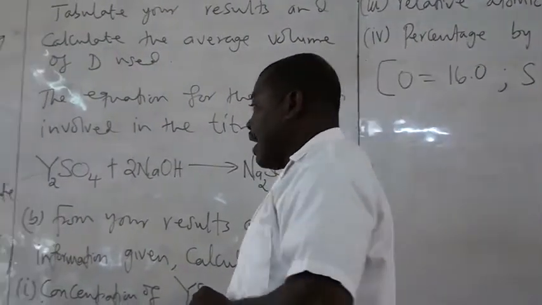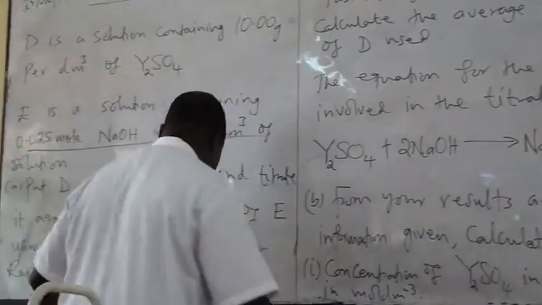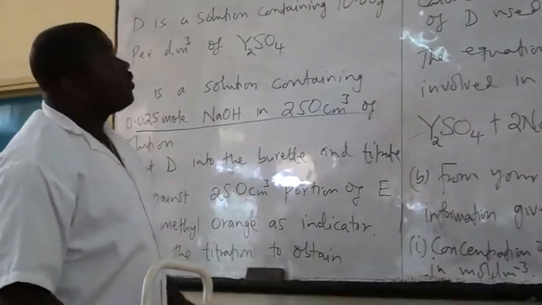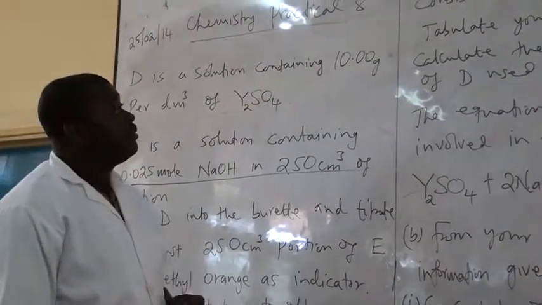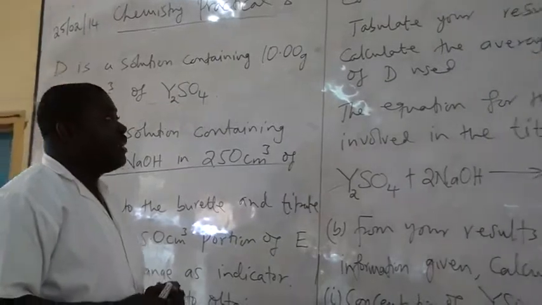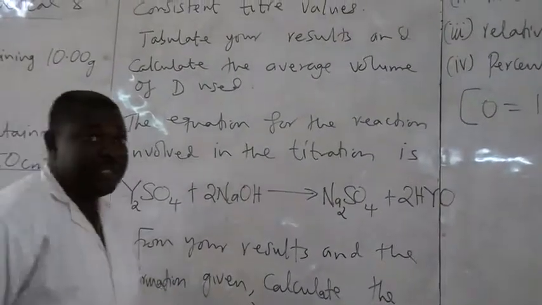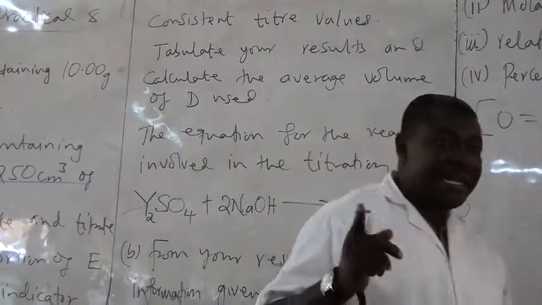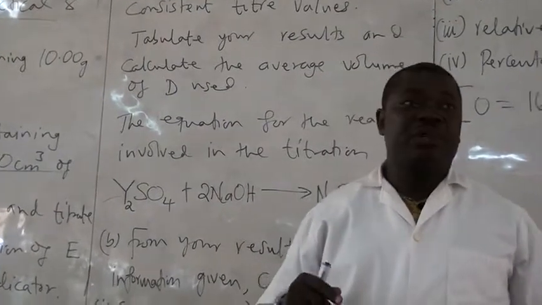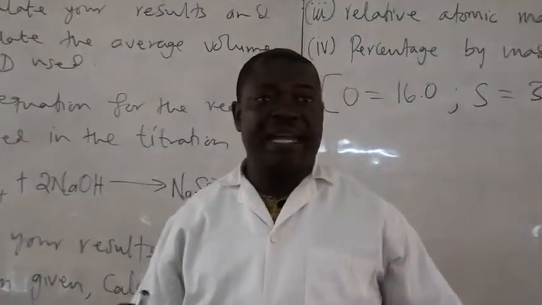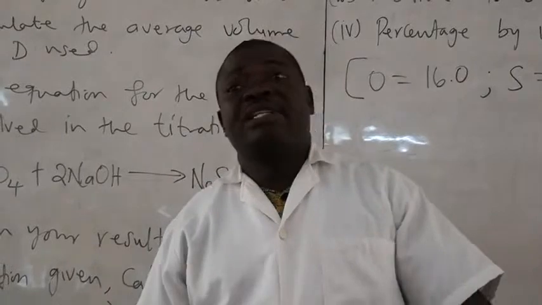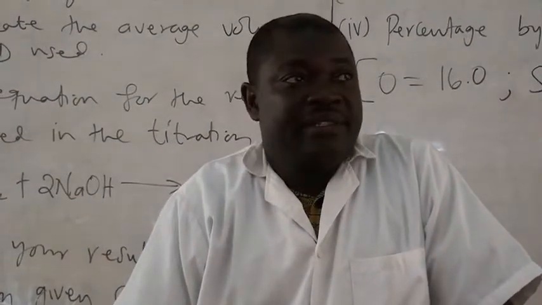Then, as we've been doing always, you repeat the titration to obtain consistent titre values. You tabulate your results and calculate the average volume of B used. One of you asked in the other class whether the table is the way that I've been drawing throughout this while, and I said yes. So make sure that you learn how to draw the table very well.